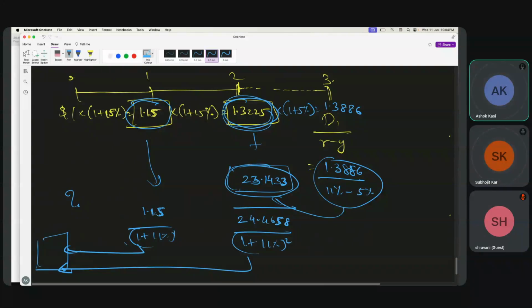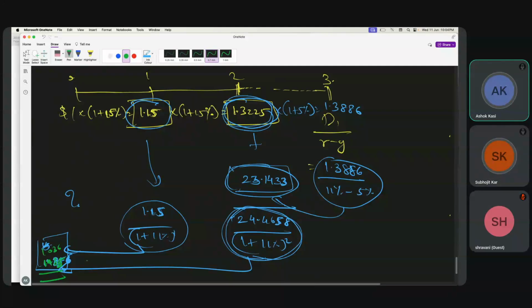So the second part, discounted, is 19.856. The first one, 1.15 discounted, is 1.036.